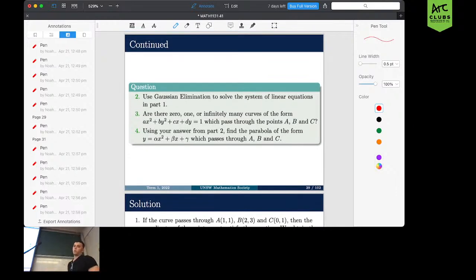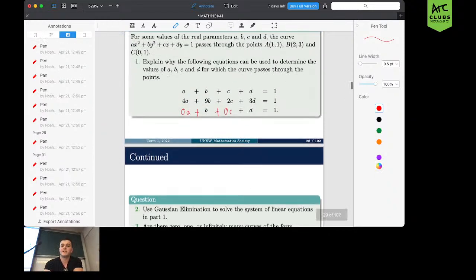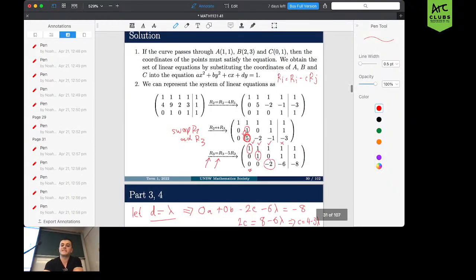So that's solving the system. Are there 0, 1, or infinitely many curves of the form this, which pass through the points aforementioned up here? Now, since there's a non-leading element, we saw from the echelon form that we have a leading column because there was a leading element there. We have another leading column because there was a leading element there. We had another one here, but there was an X in which it wasn't a leading column.